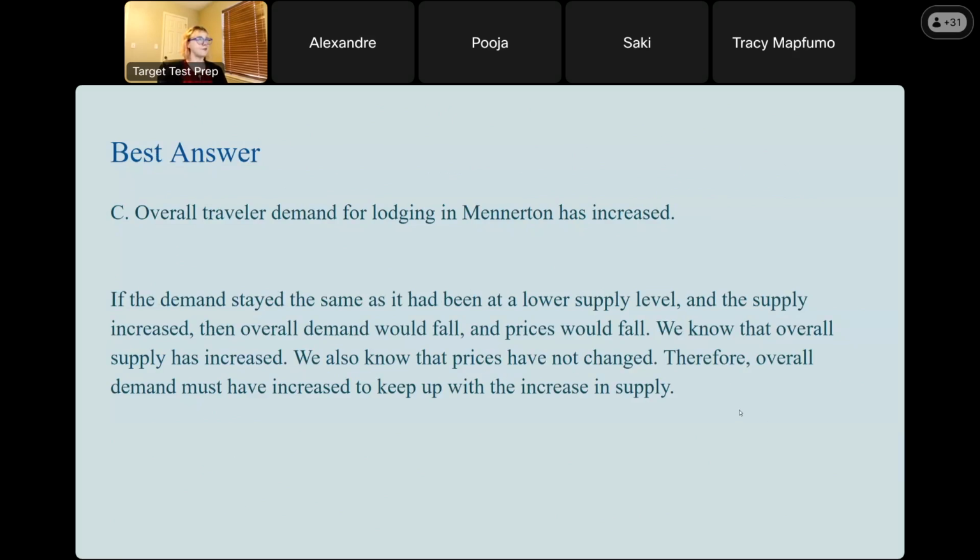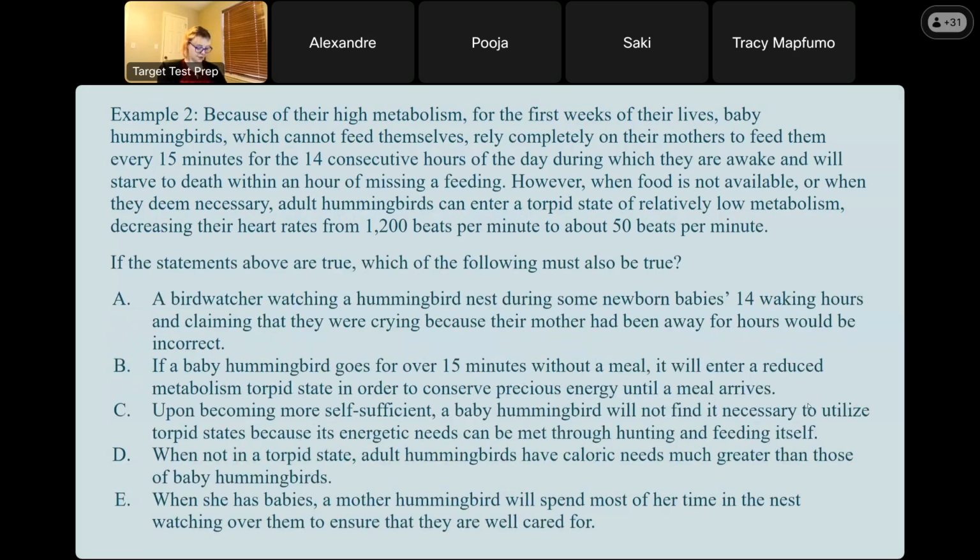All right. Let's look at our next example. So this is a TTP medium, and the next one I believe is also a TTP medium, and then we'll do 4 that are hard level. So just FYI on that. Let's look at our next example, and I'll give you a couple minutes.